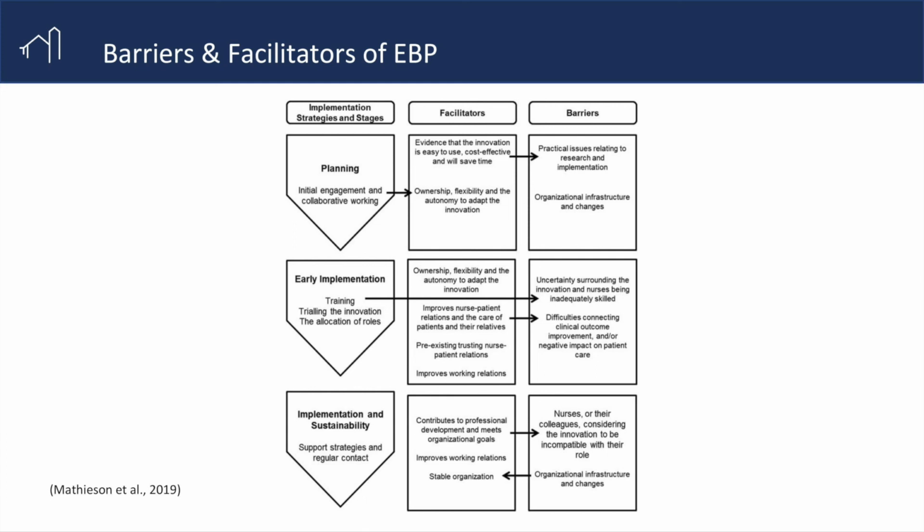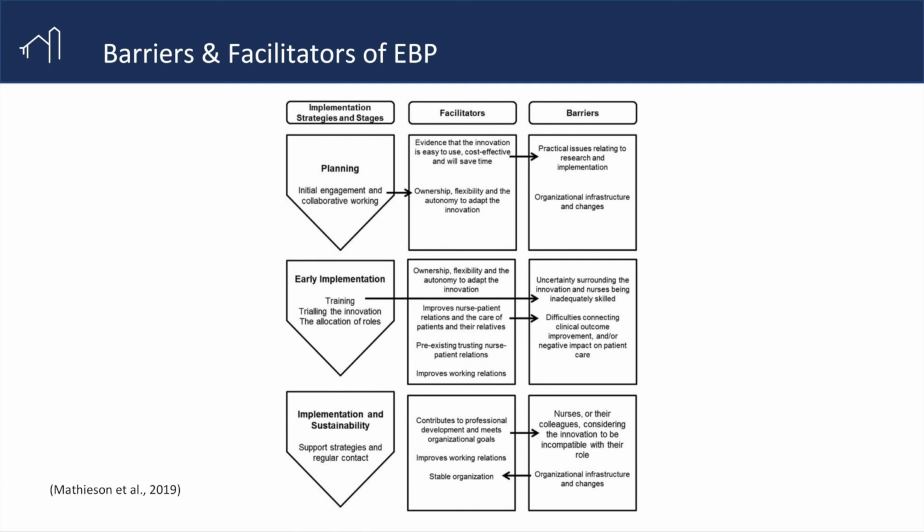Barriers at this stage included the uncertainty around the innovation itself and nurses, or for our purposes, staff being inadequately skilled, perhaps to look at and analyze data. And then also difficulty connecting outcomes and improvement and negative impact on patient care.